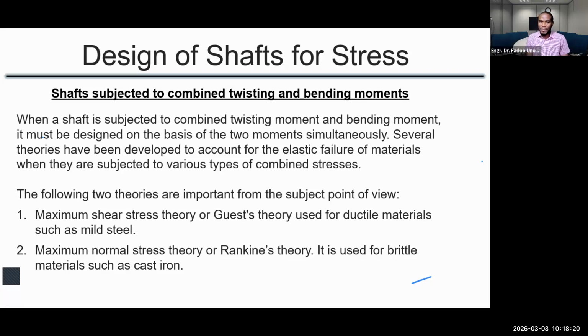So we need to take into account both the stresses developed by the weights hanging on the shaft and the spinning of the shaft, the torsional moment, or the torque that the shaft transmits. And there are several theories that have been developed to account for the failure of shafts as a result of these two stresses.